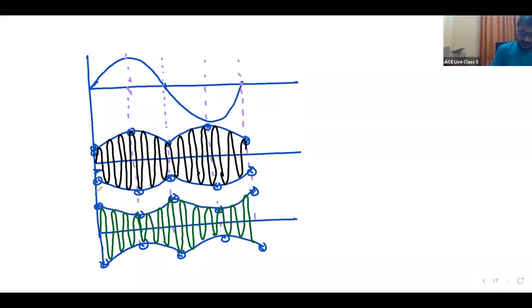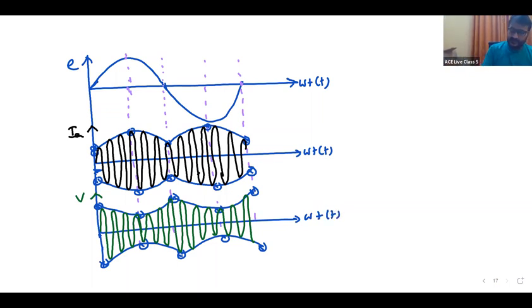So this is V, this is IA, armature current, and this is E, induced EMF. All they are with respect to omega t or time t.